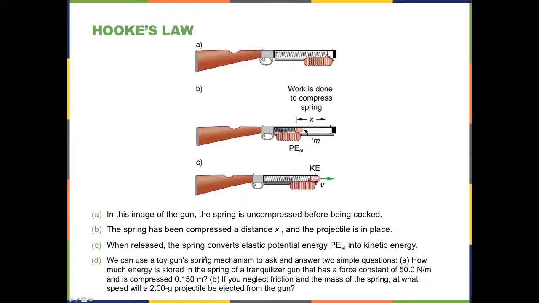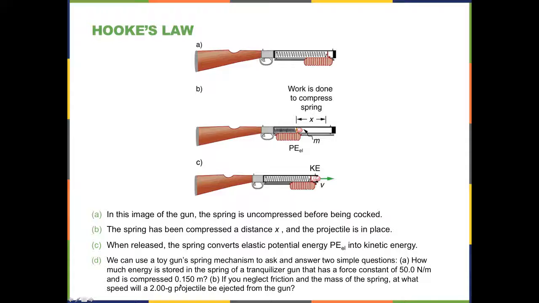So if we have a problem, we have this gun. First of all, how much energy is stored in the spring of this gun if it has a spring constant equal to 50 newtons per meter and it's compressed 0.15 meters? Now we'll do this in a second, but you can see that the force here is going to be kx, and the stored energy is going to be 1/2 kx squared.